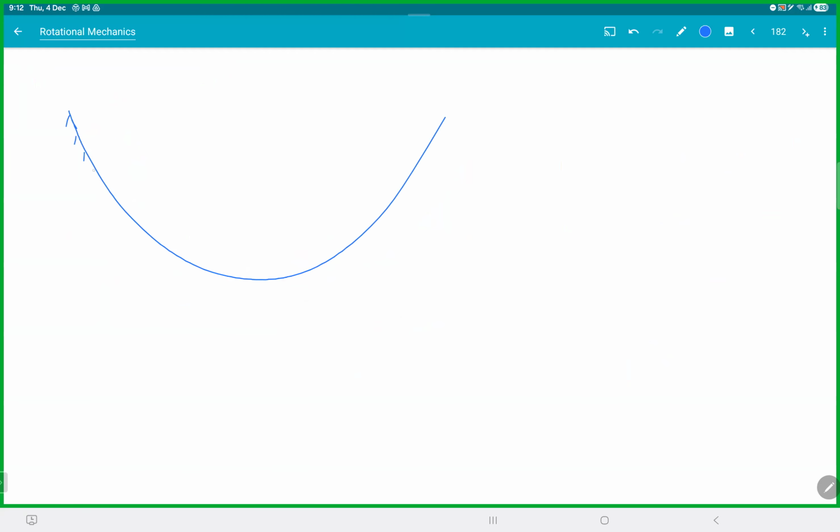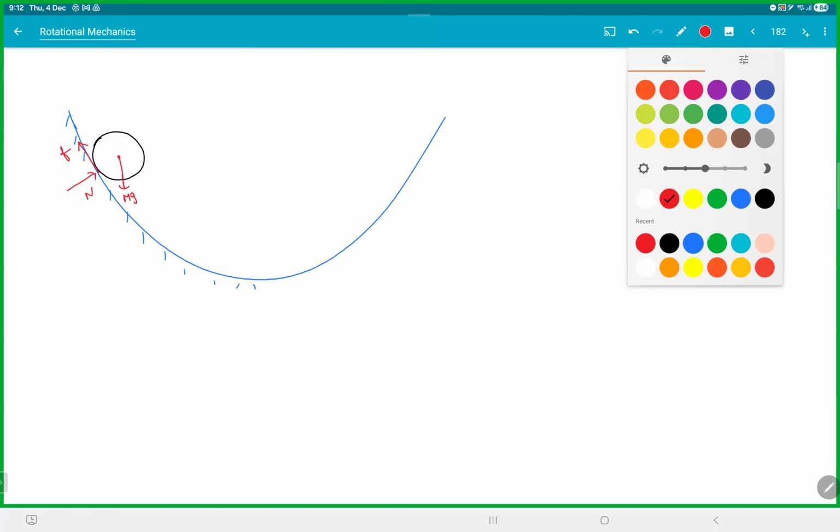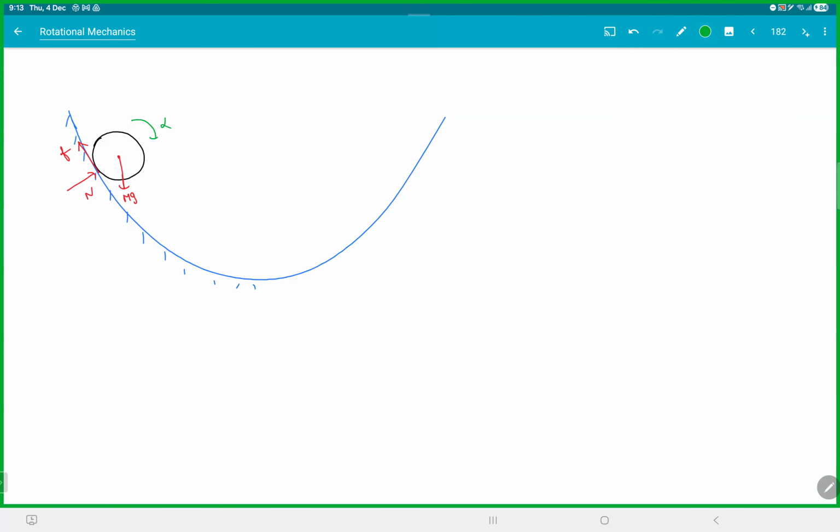On the left hand side, when you're coming down, if you draw the FBD of the sphere, these will be the forces. There is a friction F, N, and there is an mg here. So there is an alpha here. If you take torque about center of mass, F into R is I center of mass into alpha.